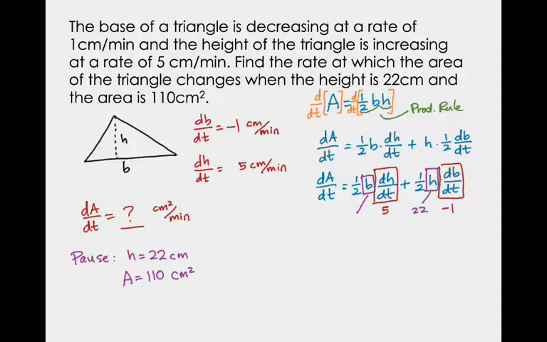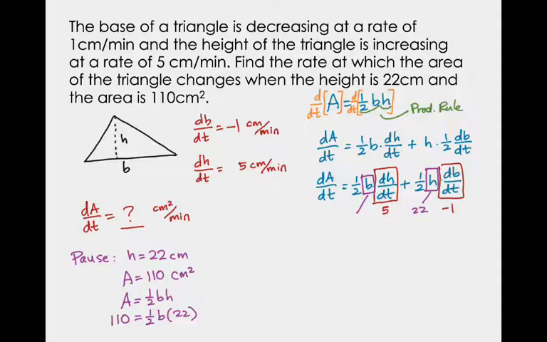So we're going to go back to the original formula for area of a triangle, 1/2 base times height. And they told me that the area when I hit the pause button is 110. I wish I knew the base. I don't. But I do know that on the pause button, h is equal to 22. So I'm just going to use that to solve for b.